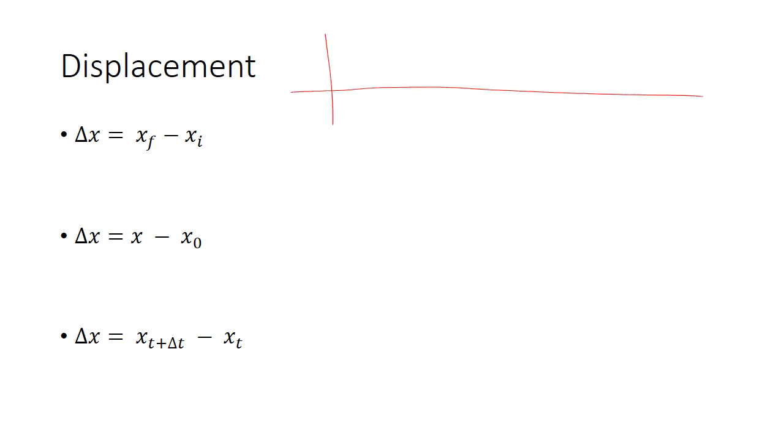So you have a spot here. You've got to pick an origin. Have a line that runs through here, and so this is the final position right here. That's the initial position. So the x-coordinate of the final position minus the x-coordinate of the initial position, that is your displacement, delta x.